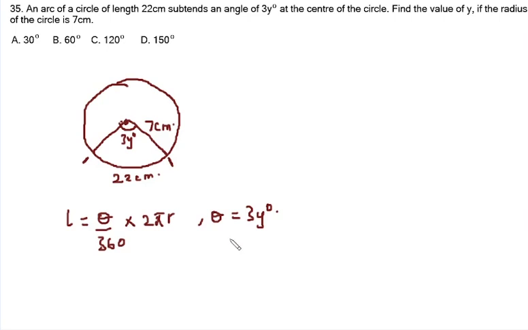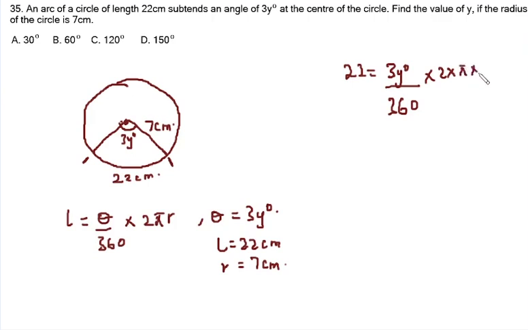So from there, we know our L to be 22 centimeters and our R to be 7 centimeters. If you're plugging in values, you should get 22 is equal to 3y degrees divided by 360 times 2 times pi times 7. So 3 into 360 is 120, and you have 22 is equal to y degrees divided by 120, times 7 times 2, which is 14 pi.